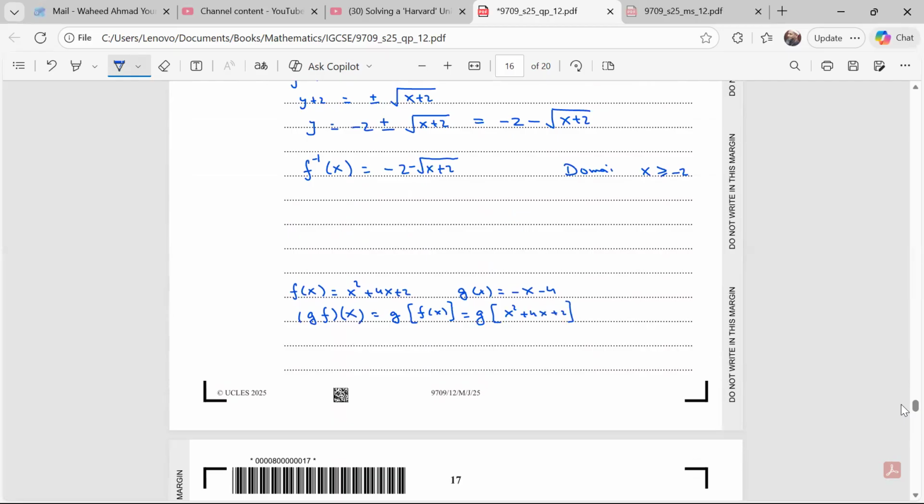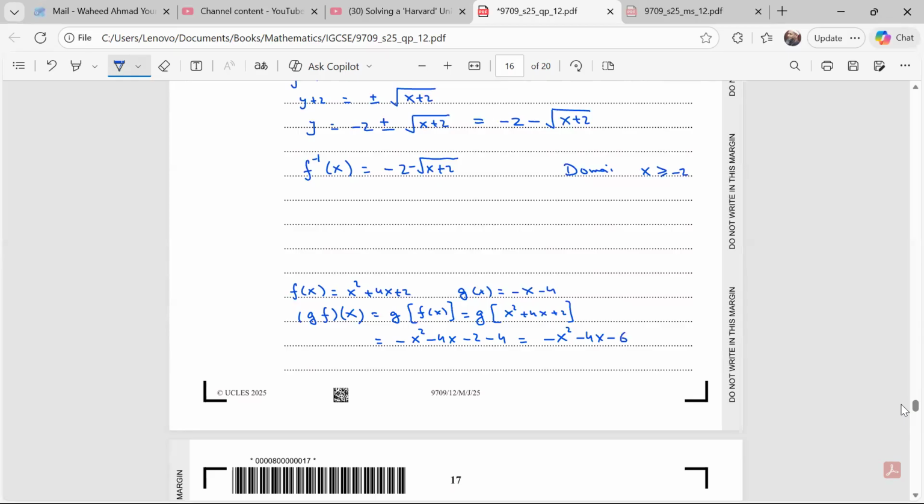Now, when I apply the function g, whatever is x, it will be negative of it. So it is negative x squared, negative 4x, negative 2, and then negative 4 as well. So this will become negative x squared, negative 4x, and negative 6.